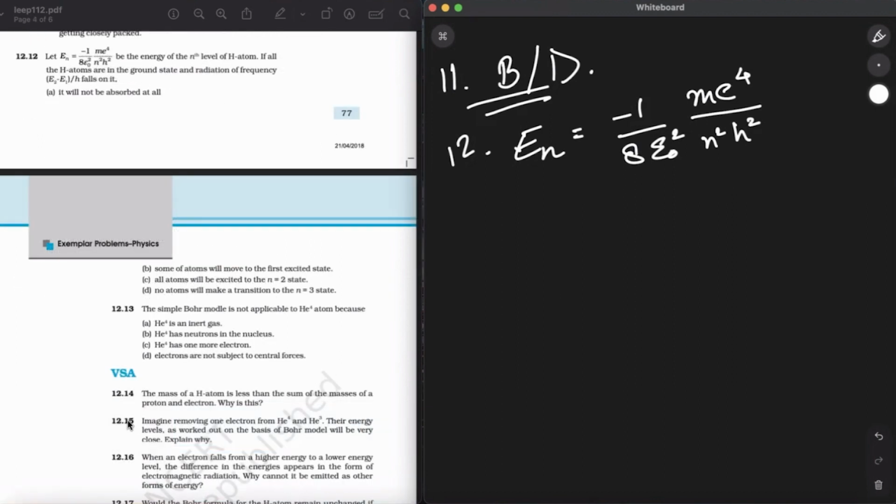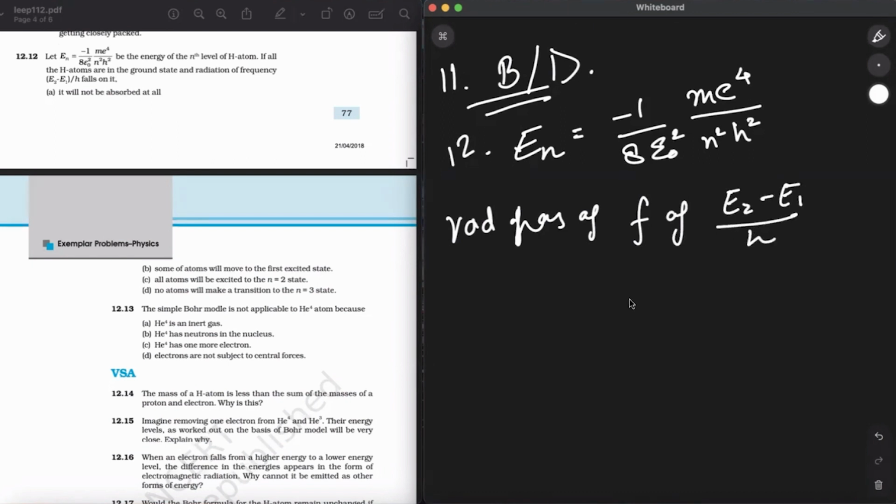Option A: radiation of frequency (E1 minus E2) by h will not be absorbed at all. The radiation has a frequency of (E2 minus E1) divided by h, because E is equal to h nu, so nu will be E upon h.